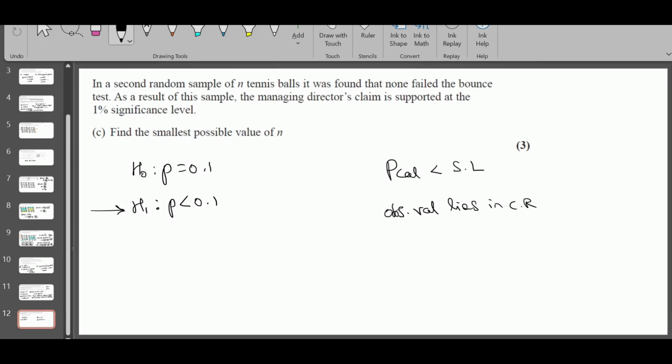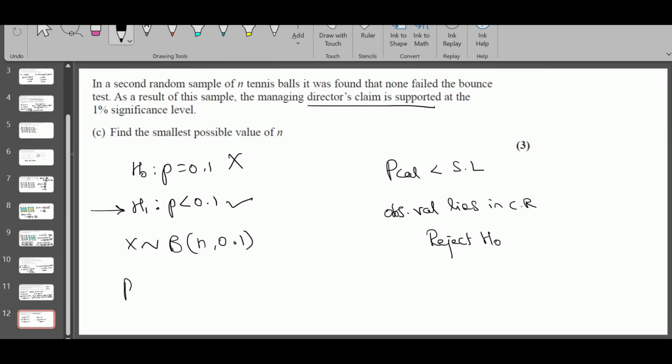These are the 2 conditions where we reject H0, right? So here it already says we rejected H0, we supported the manager's claim, right? So definitely the probability we calculated, that's X follows binomial distribution of n, 0.1. We don't know n. In fact, we are going to find n.